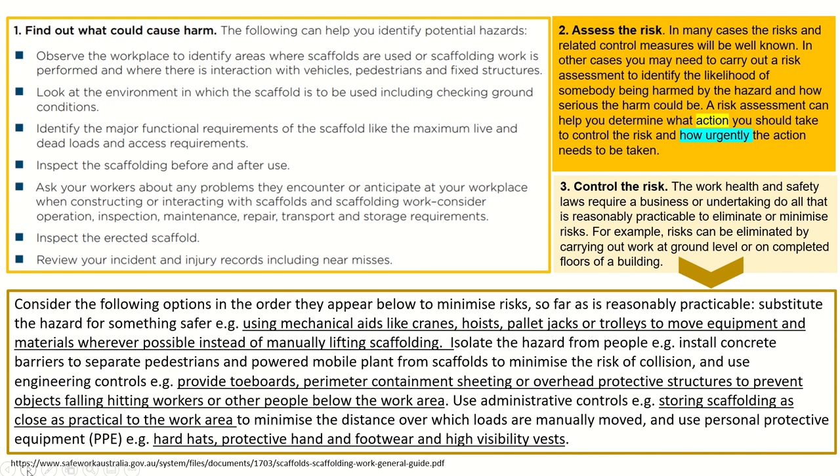So if you can use mechanical tools, then you can manage the risk, because then it's gonna be more safe if you use like a crane or hoist or pallet jackets, trolleys, that kind of things to move the material in a safe way.